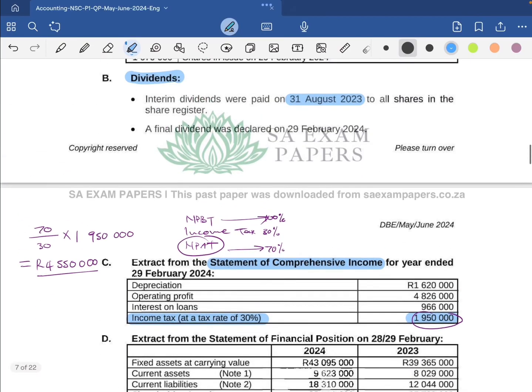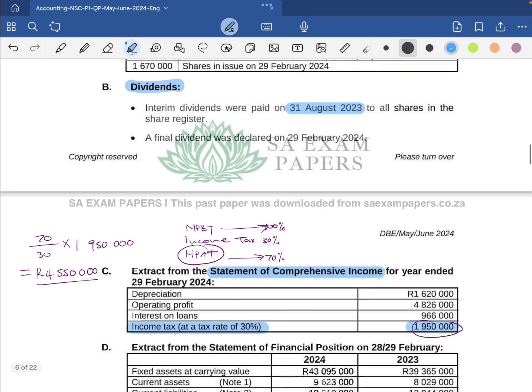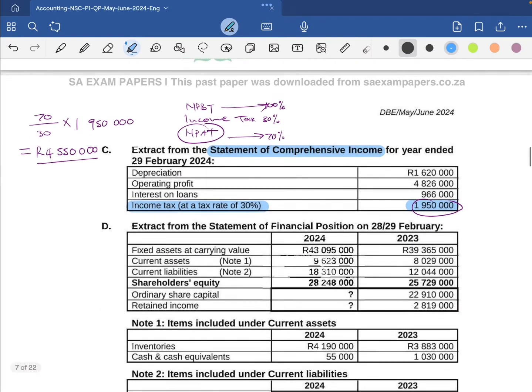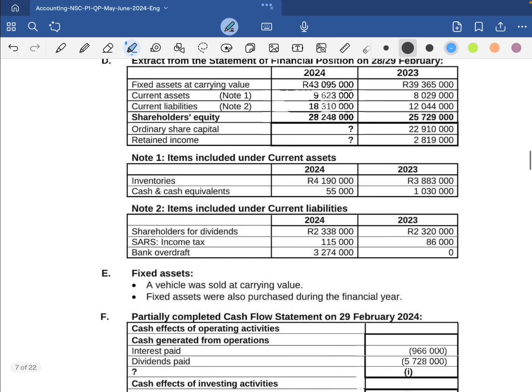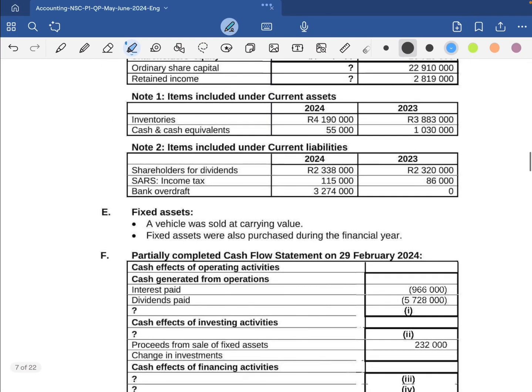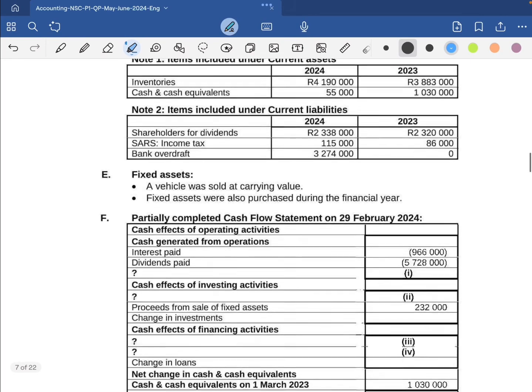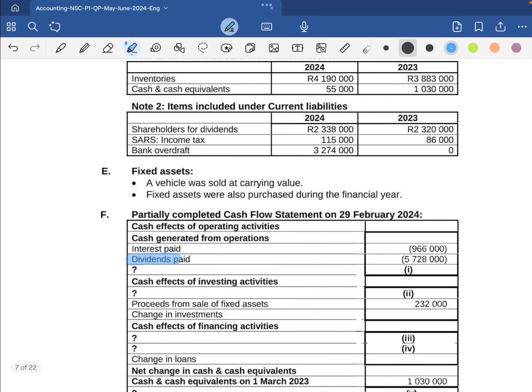So when we want info about the dividends, specifically the interim dividends, we are not given any information about the amount that was paid, so we need to figure it out on our own. So when we have a look at the dividends that were paid from our statement of cash flows, we can see that dividends worth 5,728,000 were paid out.